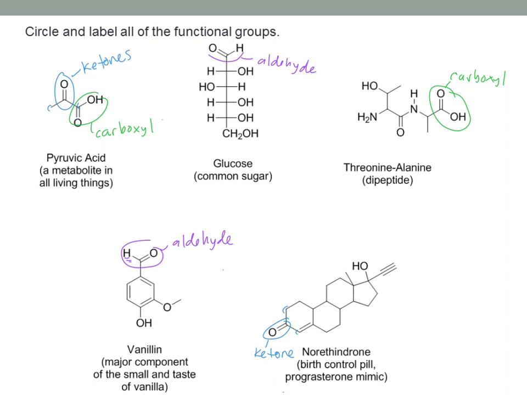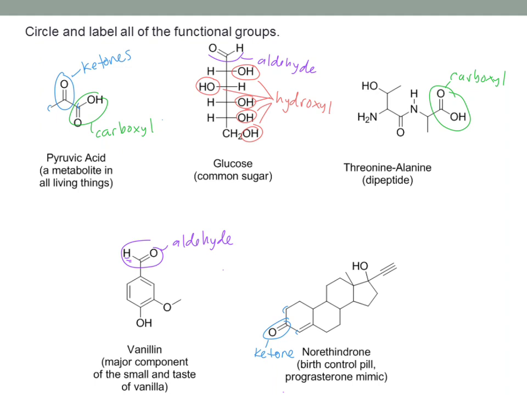Now if I go back and start looking for something like alcohols, so my hydroxyl groups, I am not going to recircle the OH in pyruvic acid, because it's part of a carboxyl, so that's a separate functional group. Alcohols are when they're just attached to normal carbons. So like in glucose, I have 1, 2, 3, 4, 5. It looks like I have 5 hydroxyl groups, 5 alcohols.